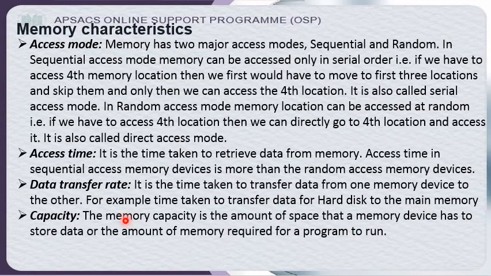The next one is capacity. While you are buying a memory, you know how much space it has, or how much data it can store, or how many programs or data we can store on this memory. That is capacity, and capacity will be in MB, GB, TB, or petabyte.